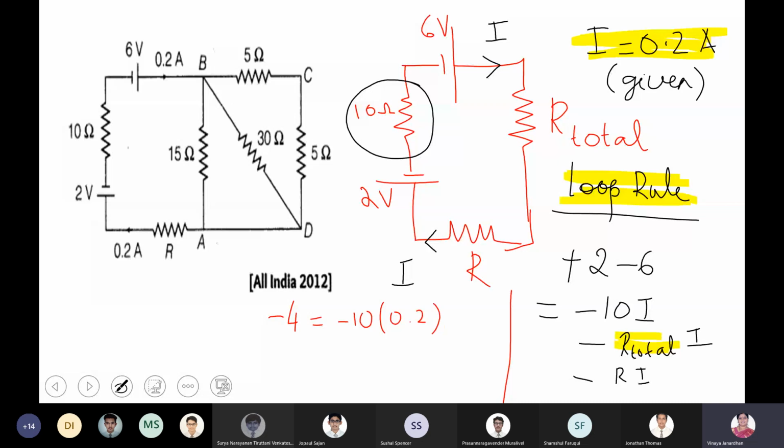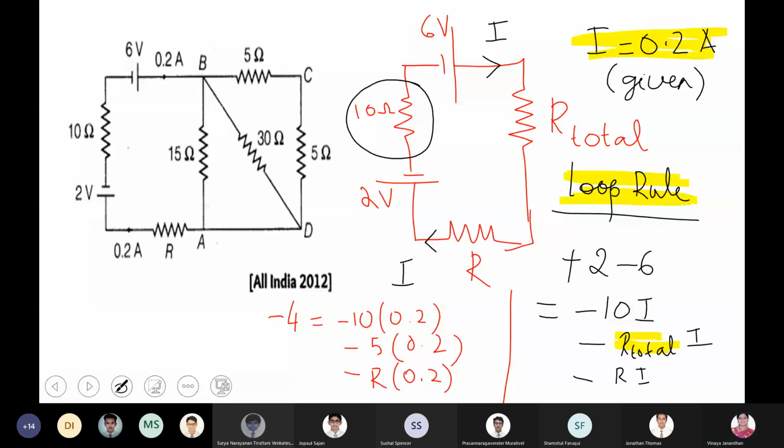What was R total? 5, right? 0.2 minus R into 0.2. Can you find the value of R from here? The current is flowing in the clockwise direction. All the negative will get cancelled off. Now, can you check the value of R here? What will be the value of R?